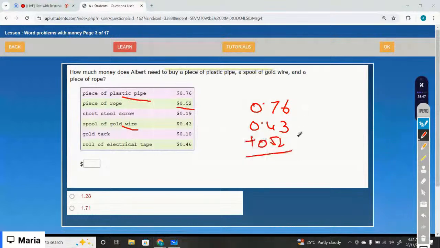Just add 6 and 3, 9 and 2, 11, 1 carry 1, 7 and 4, 11, 12 and 5, 17. So that is 1.71. Option number 2 is the correct option, that is 1.71.